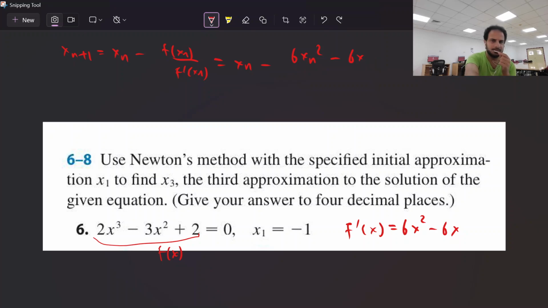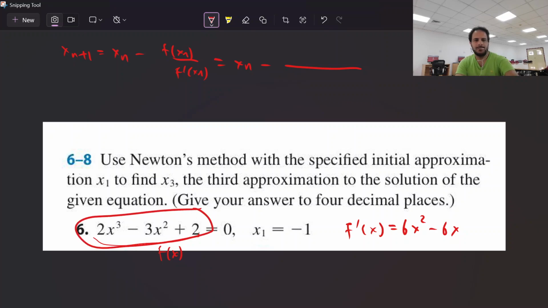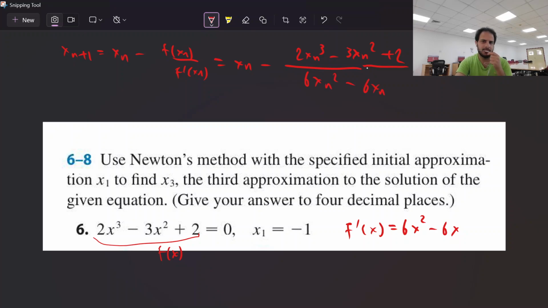I substituted not correctly. Let's start with the f of x. Here f of x, so you get 2xn cubed minus 3xn squared plus 2, over the derivative now, you get 6xn squared minus 6xn. Good?